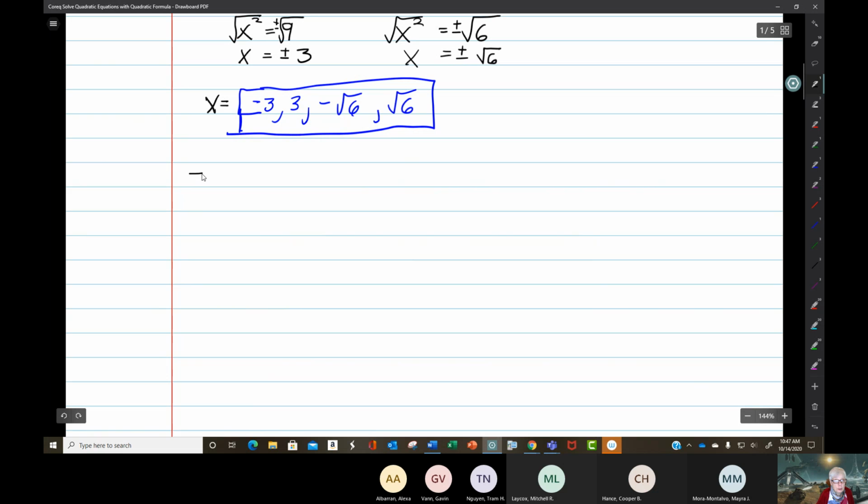The zeros of the function, zeros of f of x. -3, 3, negative the square root of 6, and the square root of 6.